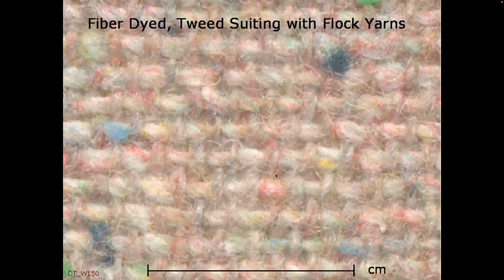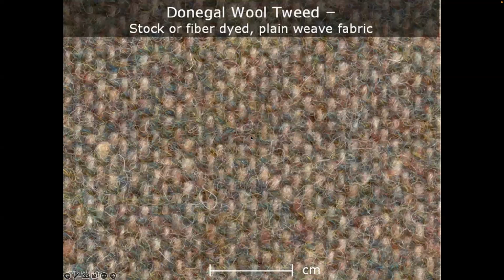These are flock yarns that are used for suiting. This is suiting fabric, and all these yarns that you see in different colors are fiber dyed before the yarn was made, so that in each yarn you have all these different specks of color. This is another fiber dyed wool.